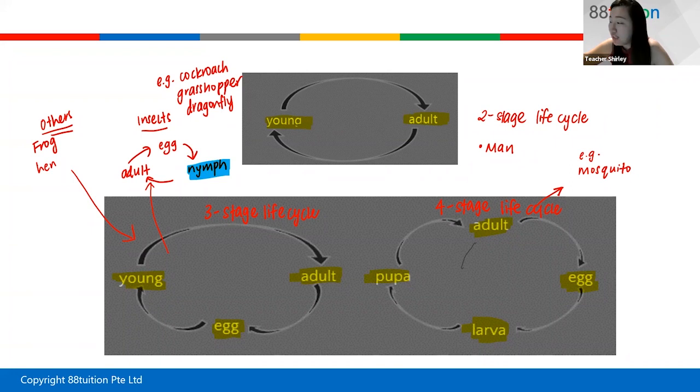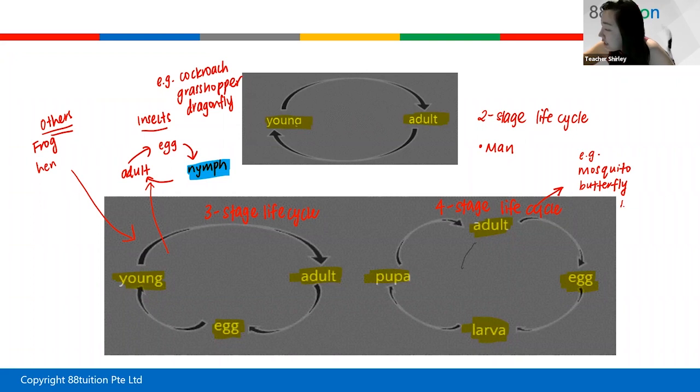Your mosquito has 4 stages. Your butterfly as well. You probably have read the book The Very Hungry Caterpillar when you were younger. It's basically how the caterpillar turned into a cocoon. The cocoon is the pupa stage.